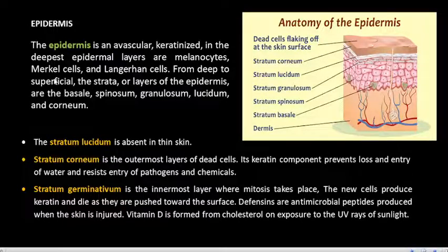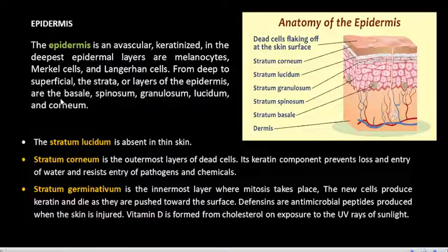And then, you also have your Merkel cells. So, ang Merkel cells natin, for detection of different touch sensations. So, para siyang sensory receptor. It is identifying what type of sensation is happening on the surface of the skin. And then Langerhans cells for defense also.